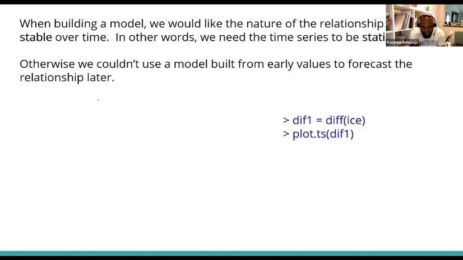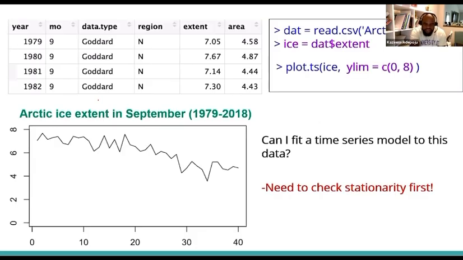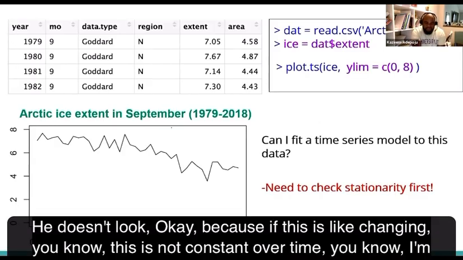As you can see, initially, I told you to take a look at this. It doesn't look stable, because it is changing. This is not constant over time. I'm actually seeing a kind of decreasing trend here, and because of that, I'm going to say there's a violation of the stationarity assumption.